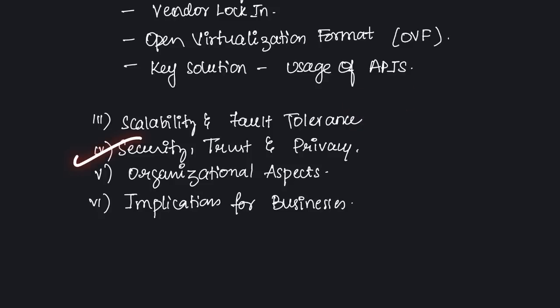Next we have security, trust and privacy. Security is one of the major challenges over cloud platforms, right? The increased use of virtualization technologies will create new security vulnerabilities. For example, data stored in the cloud may be safe from unauthorized access, but when it is processed in memory, it could be exposed to the virtual machine manager or anything else.